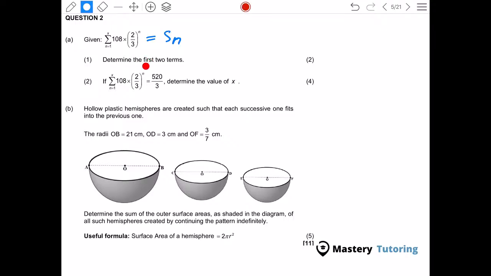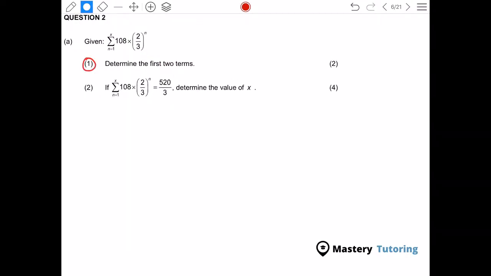So let us do part 1. It says determine the first 2 terms. Normally with these sigma notation questions, when they give you something like this, let me copy this here, n equals 1, 108 times 2 over 3 to the power of n.